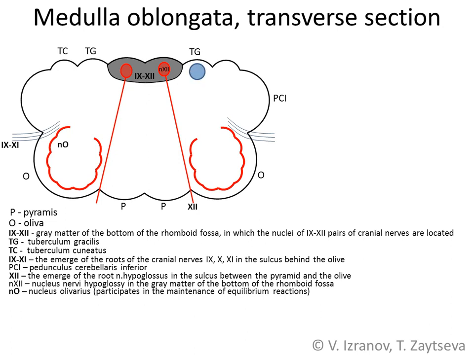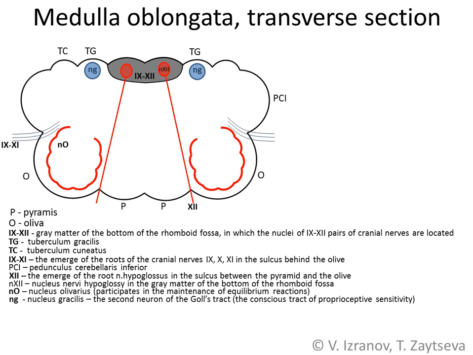Then this is the blue nucleus, and on another side also NG, nucleus gracilis. Here it is written nucleus gracilis, the second neuron of Golgi's tract, the conscious tract of proprioceptive sensitivity.